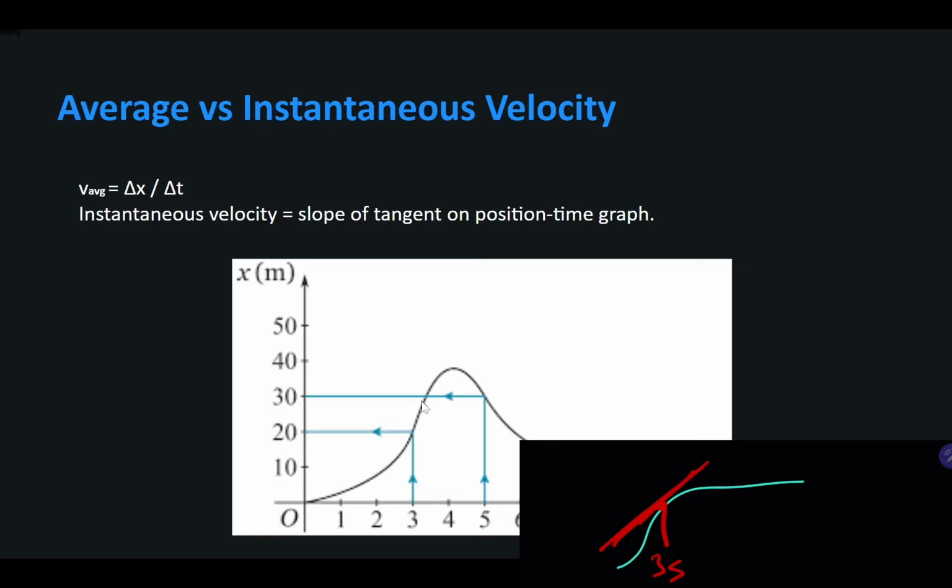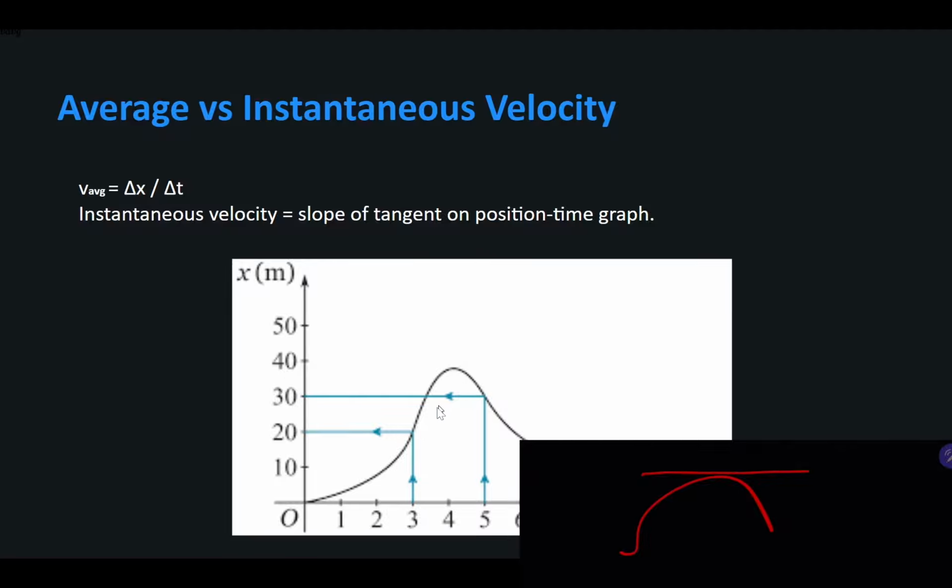That's the instantaneous velocity. And this is a very good example because we can see from here, from 3 seconds to 5 seconds, we said that it would be 5 meters per second, the average velocity. But if we look over here at 4, if we make a tangent line over there, we can clearly see that the slope of the tangent line is 0, indicating that there's no velocity at that point.